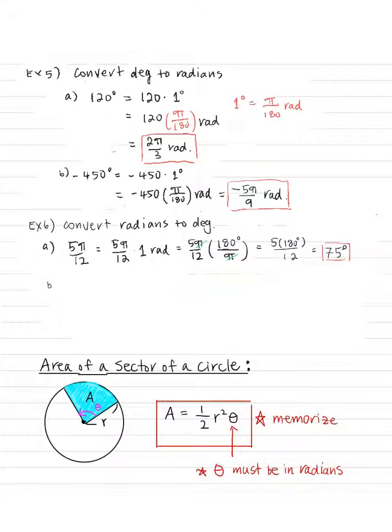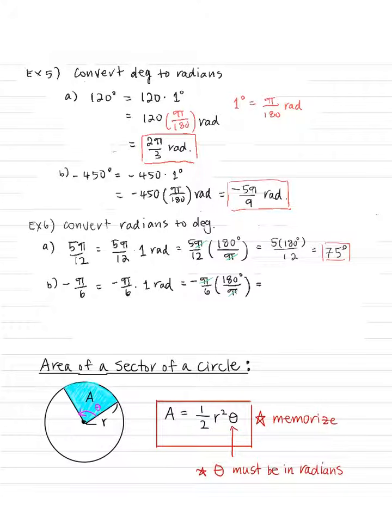Okay, so let's go with part B. Negative pi over 6. Okay, so we're going to do the same thing. So this is negative pi over 6 times 1 radian. So this is the same thing as negative pi over 6, and then again, 1 radian is 180 degrees over pi. Okay, so again, kill the pi's.